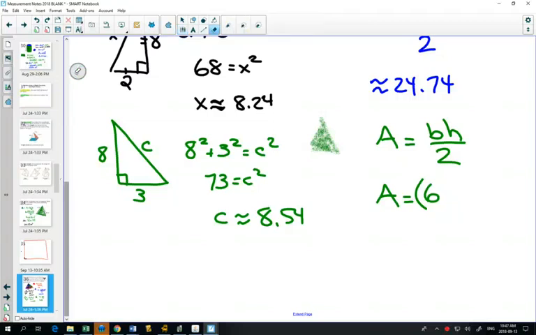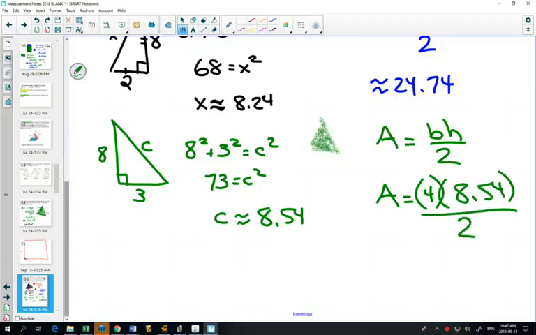Base of this one is 4. That gives 17.09.